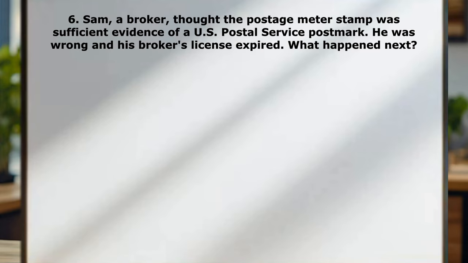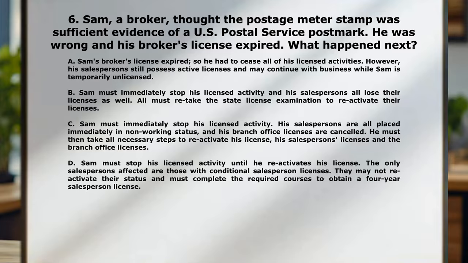Question number 6. Sam, a broker, thought the postage meter stamp was sufficient evidence of a U.S. Postal Service postmark. He was wrong and his broker's license expired. What happened next? A, Sam's broker's license expired, so he had to cease all of his license activities.